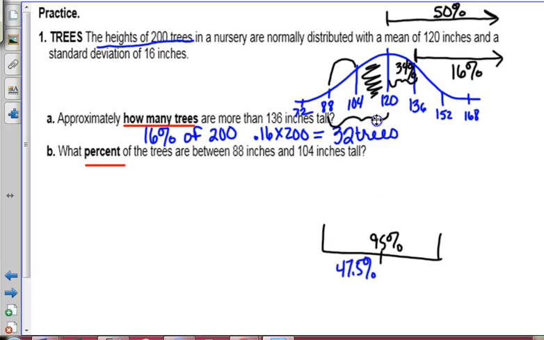So this right here, this red is 47.5, and we need to take off this, which is 34. Which is the 13.5, which is what you said.